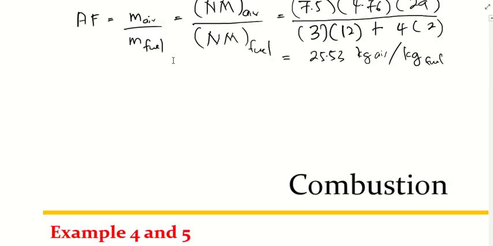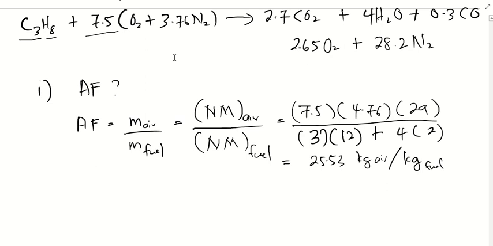Alright, and number 2, calculate the mass flow rate of air, m dot air. We're going to use the same equation, the air to fuel ratio, m dot air divided by m dot fuel. This one is mass air divided by mass fuel, but it's the same. Mass flow rate of air divided by mass flow rate of fuel also produces air to fuel ratio.